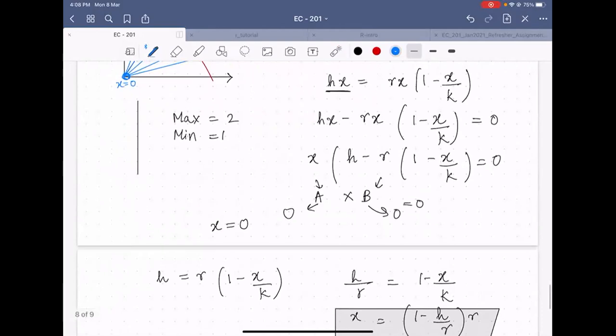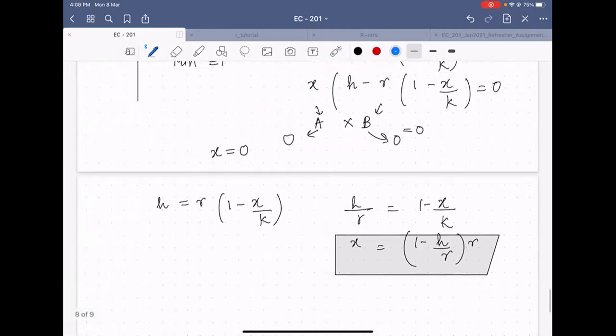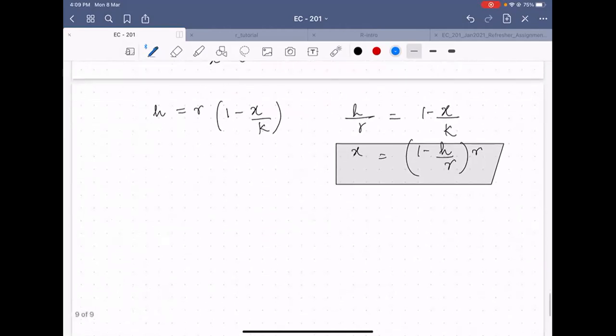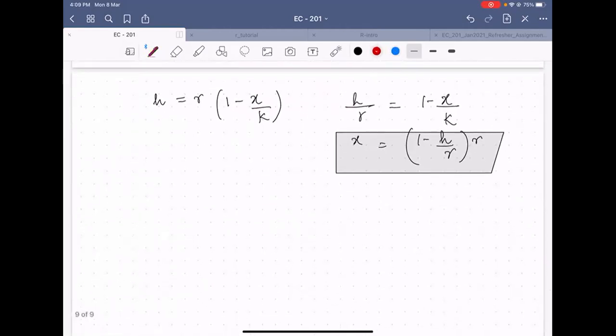Exactly, correct. Excellent. So we know that we get a tangent at some point on this curve. At this tangent, your dy by dx, that is the first derivative, is equal to 0.